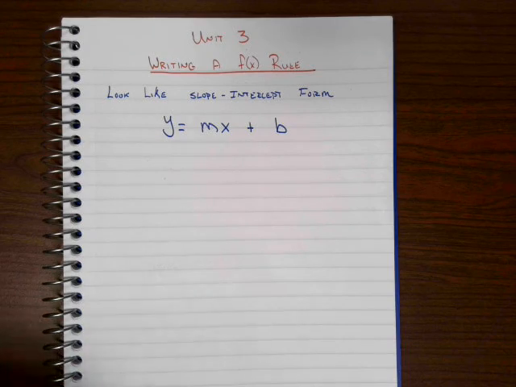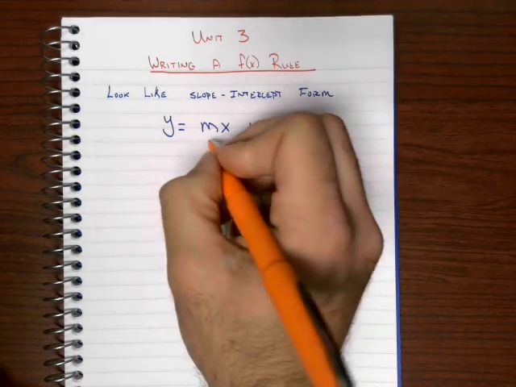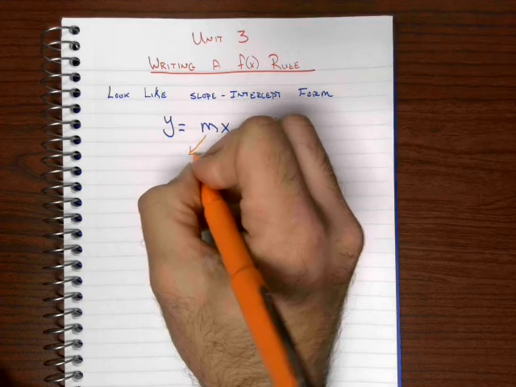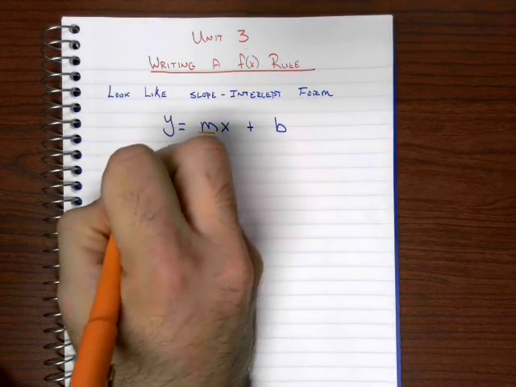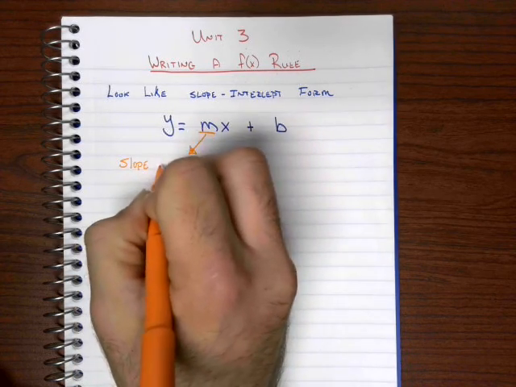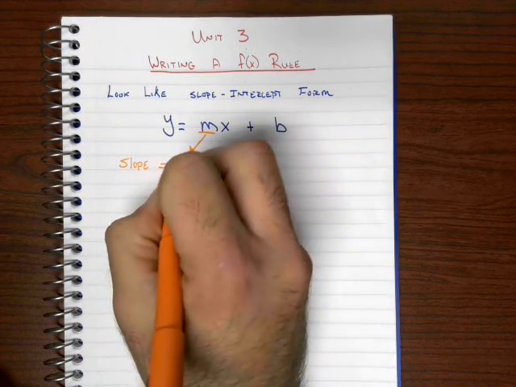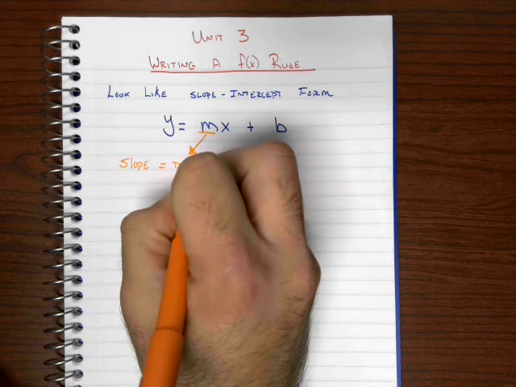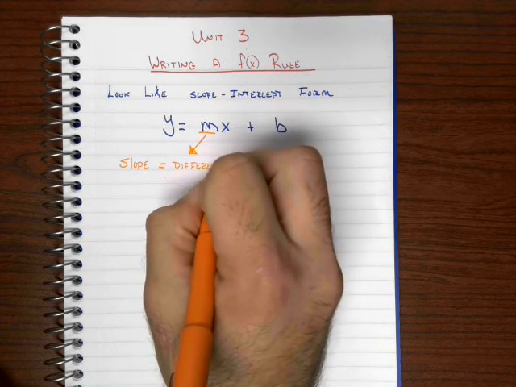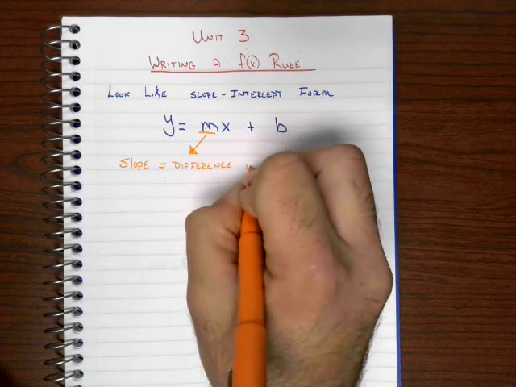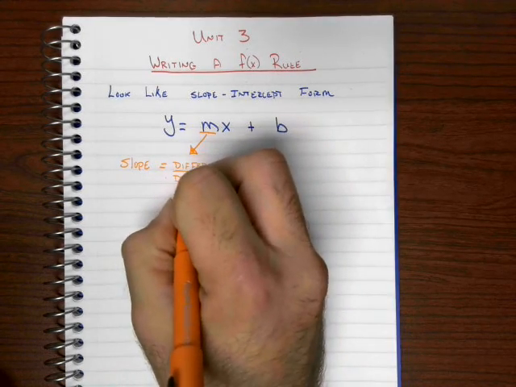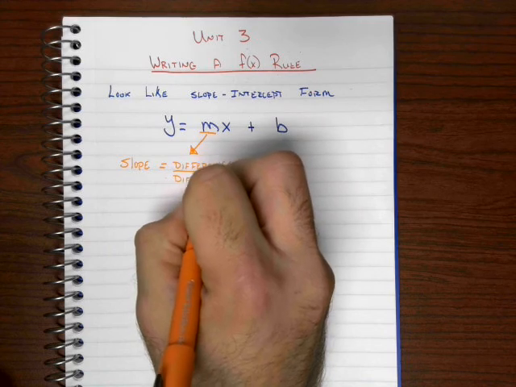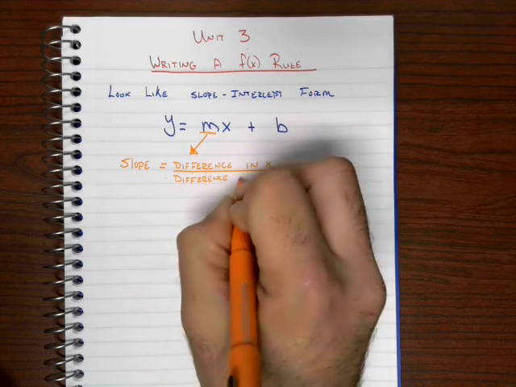So this is probably going to be a review for a lot of you. What's m? M is my slope. And what does slope equal? The difference in x over the difference in y.